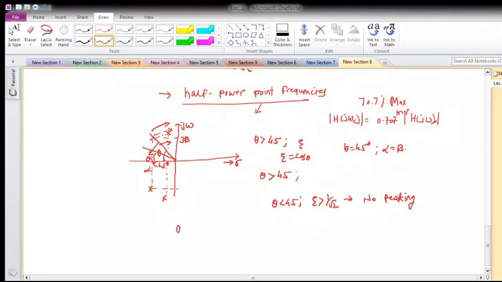But when theta is greater than 45 degrees, and zeta is less than 1 by root 2, then there will be the peaking, and I am interested in this, to find out how the peaking can be done, or how can we obtain next, that is the half power points.